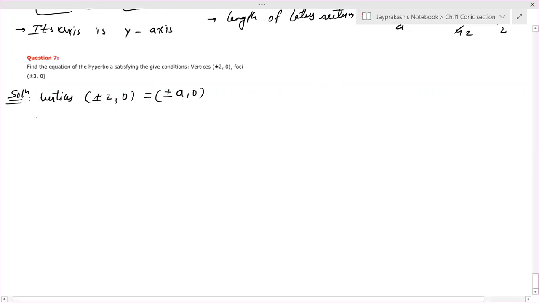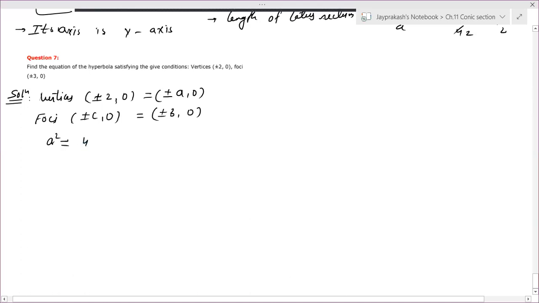The foci is also given, that is plus minus c comma 0. So we have given plus minus 3 comma 0. So now we have a square is 4 and c square is 9.